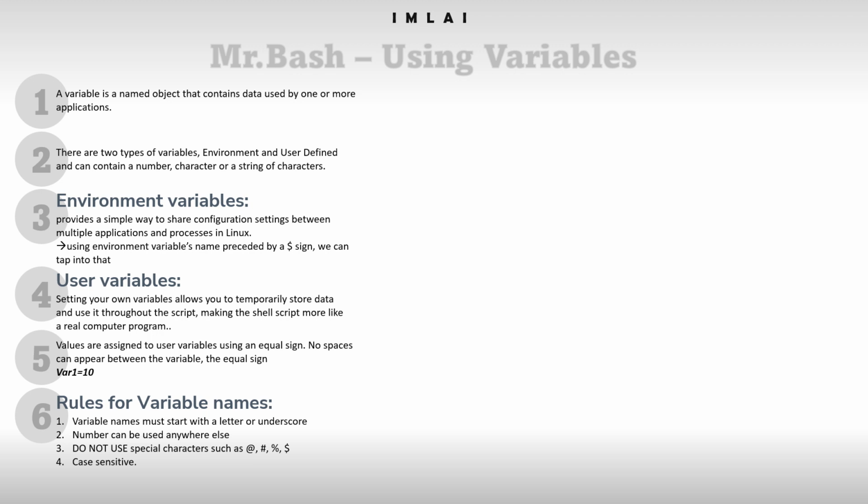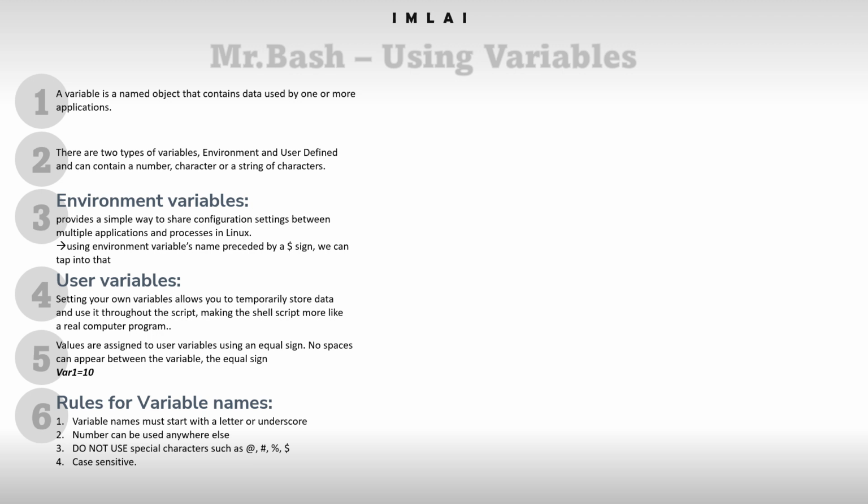Numbers can be used anywhere else other than at the beginning of the variable name. And a big no for using special characters such as at the rate of, pound, percentage symbol, dollar symbol, any kind of special characters, a big no. And then remember, always remember, it's case sensitive.